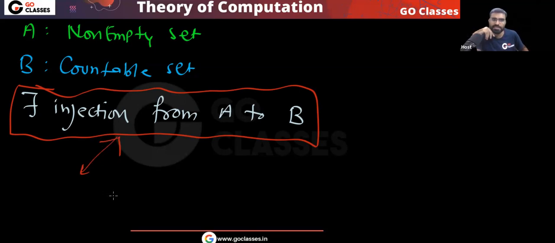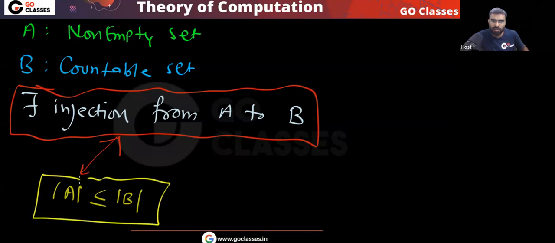If you have an injective function from A to B, what does that tell you about the size of A and the size of B? Very good: size of A is less than or equal to size of B.